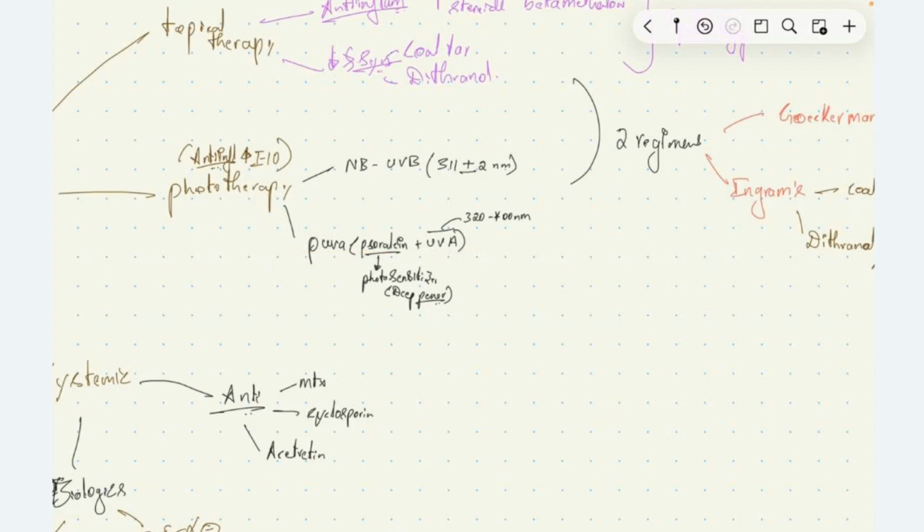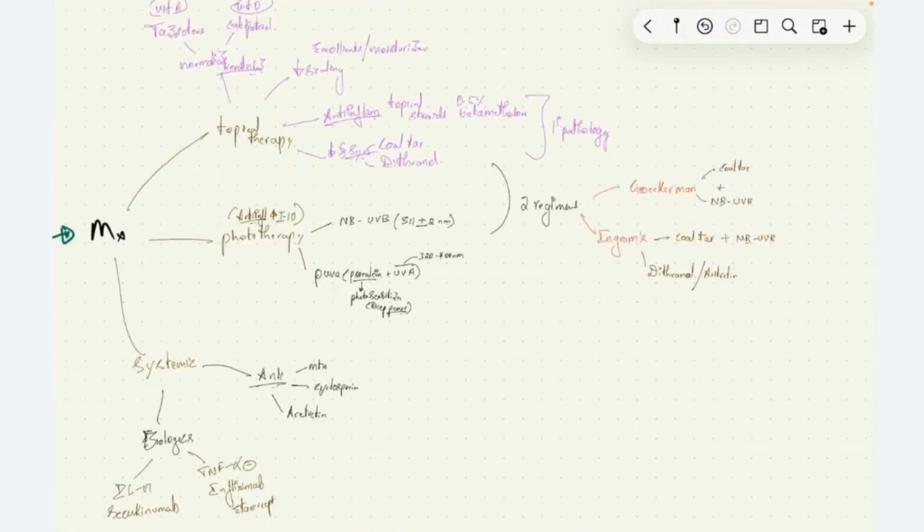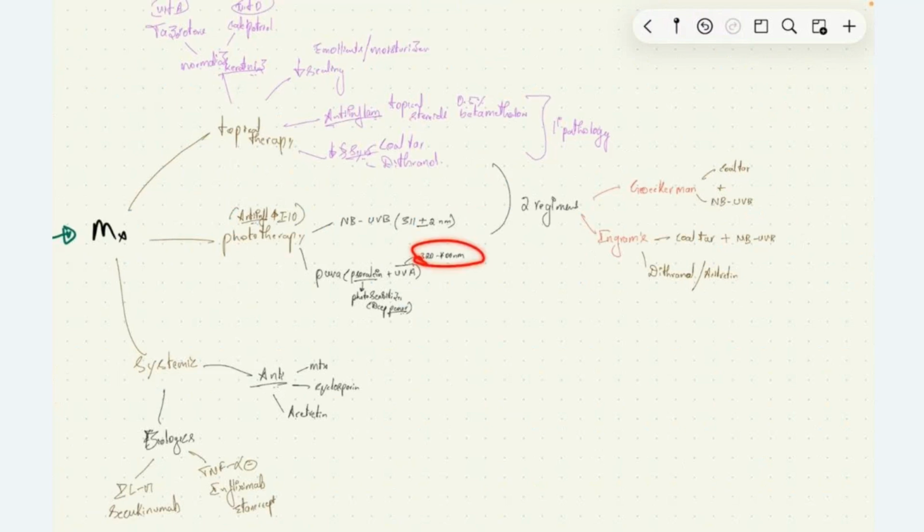In narrow band UVB, we give UVB rays with a wavelength of 311 plus or minus 2 nanometers. In PUVA, we give psoralen, which is a photosensitizer, which ensures the deep penetration of these UV rays. After giving psoralen, which is an oral agent, we give UVA radiation to these patients, which has a 320 to 400 nanometer wavelength.